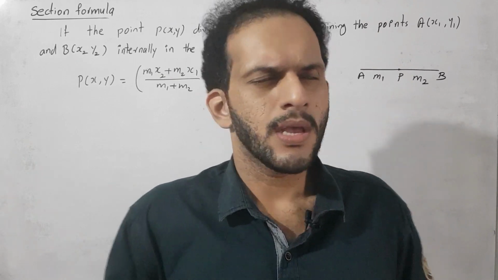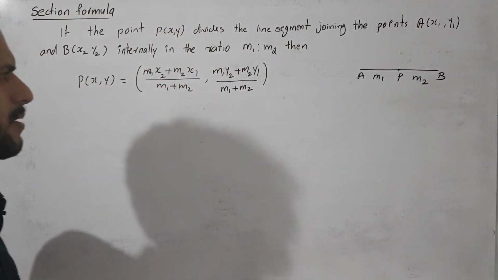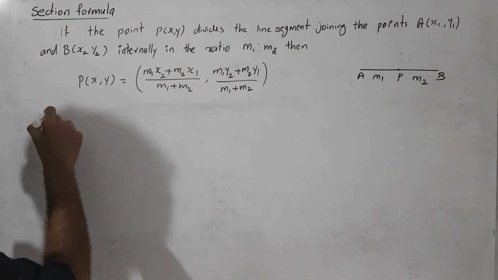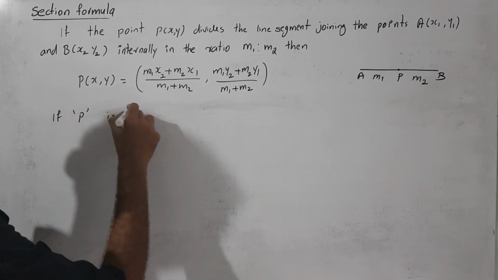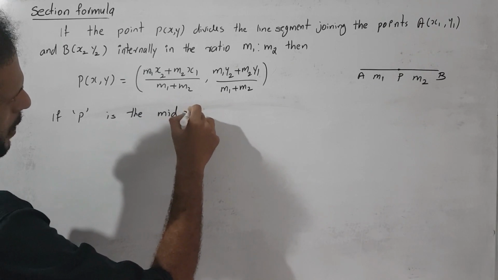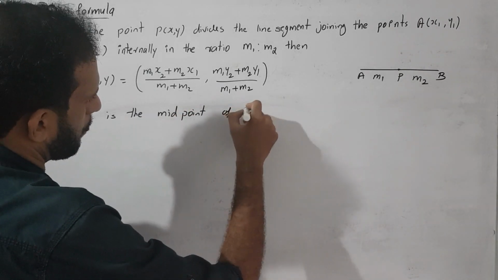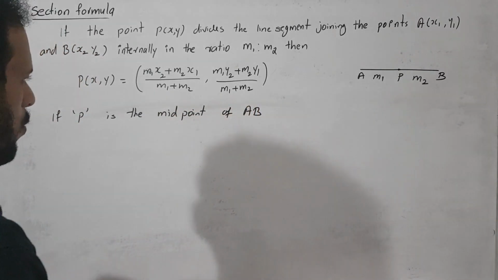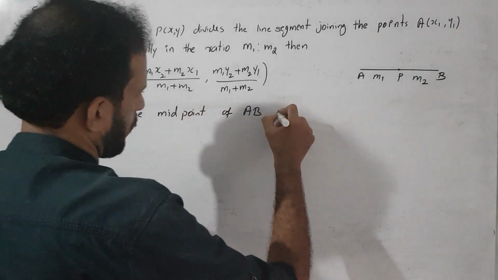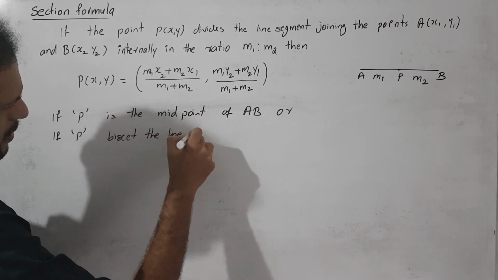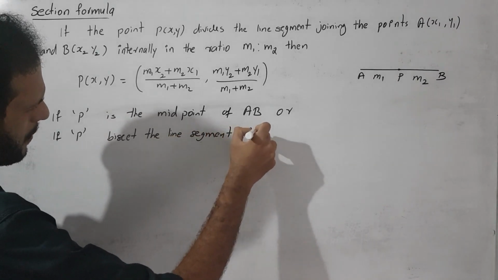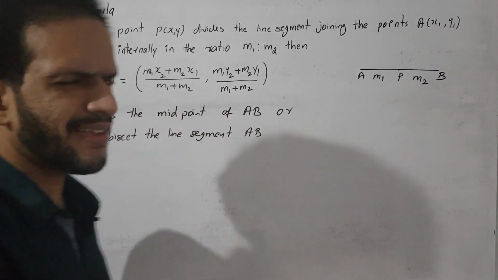Okay, so suppose we have some particular cases here. If P is the midpoint of AB, or otherwise P bisects the line segment AB, both have the same condition.